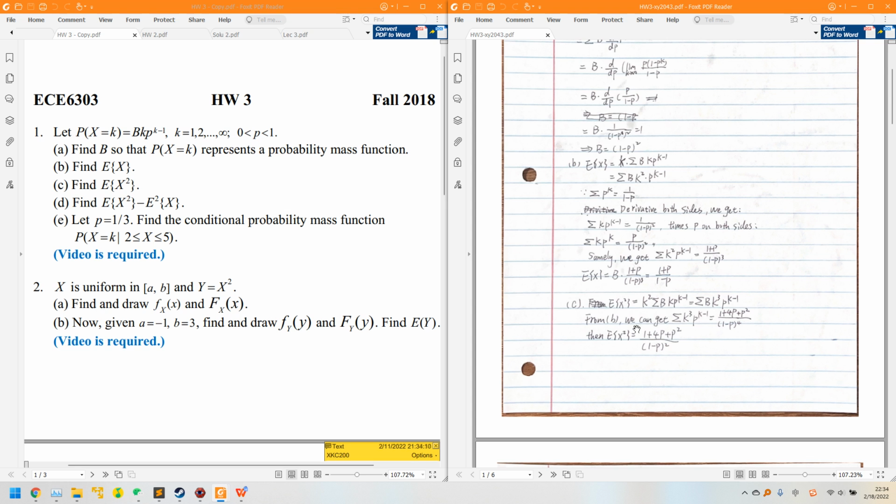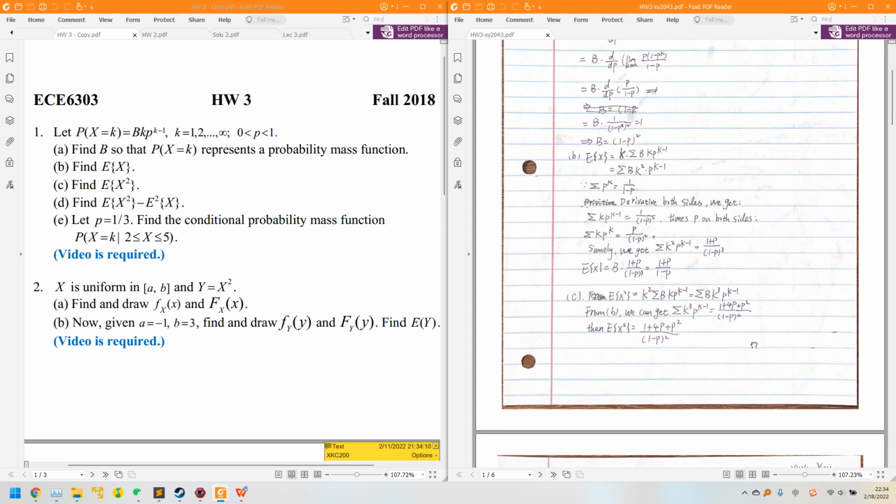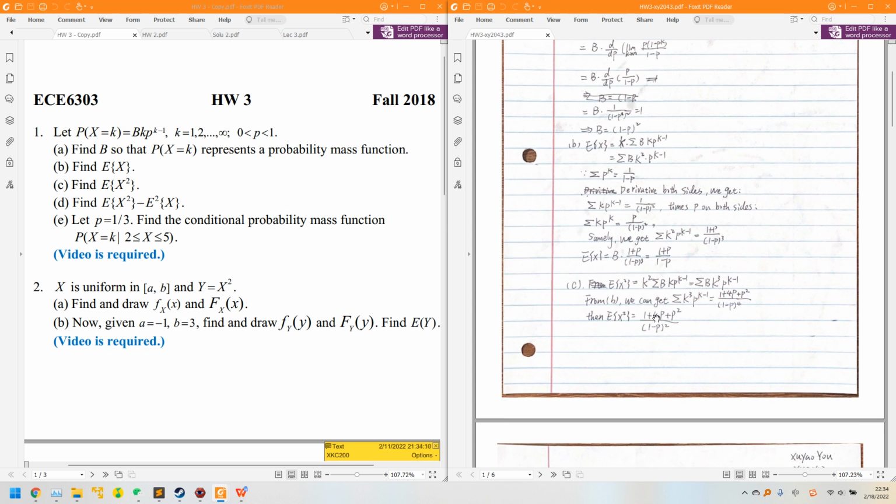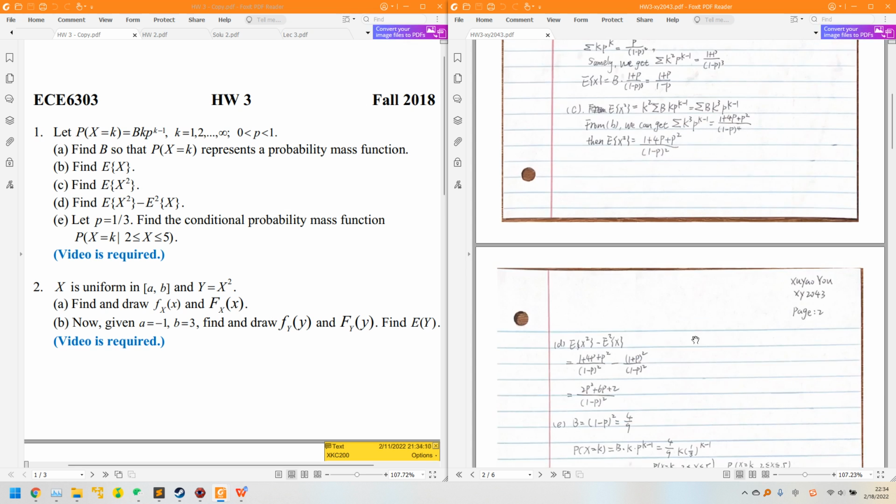So from problem B, we can get this equation using the same approach. And then the final answer for the expectation of x squared is (1 plus 4p plus p squared) over (1 minus p) squared.